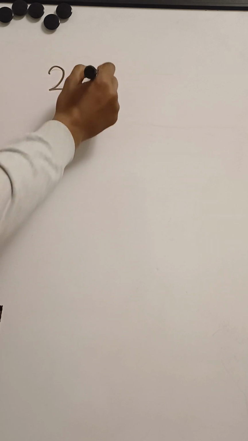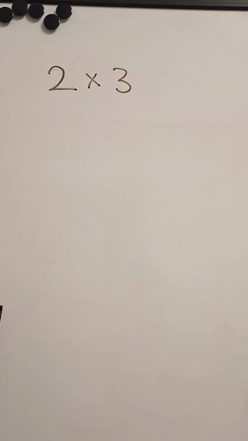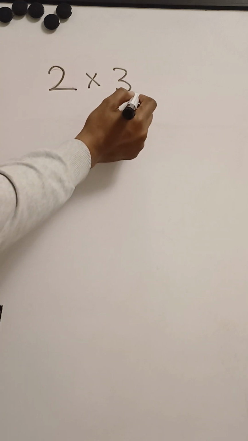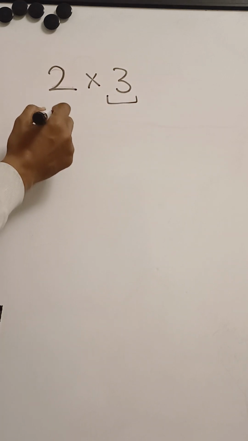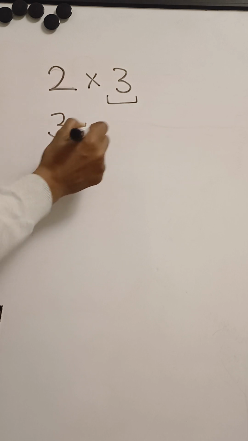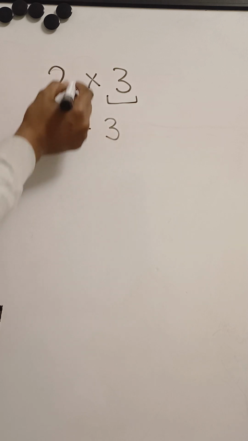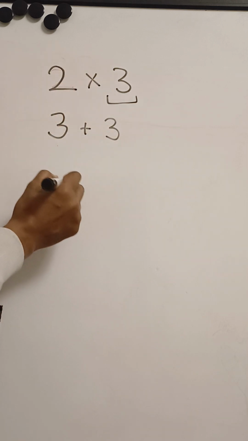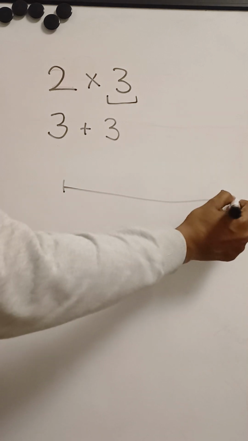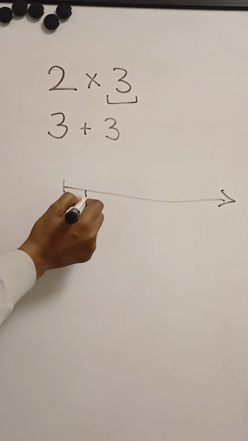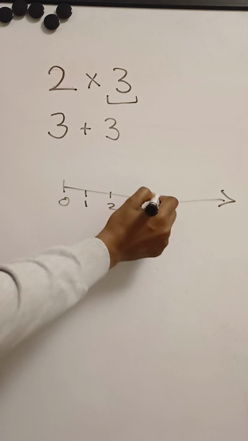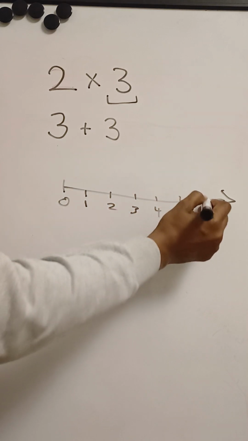When I say 2 times 3, that means I have 2 groups of 3. That means 3 plus 3. 3 added to itself how many times? 2 times. So this is like having the number line 1, 2, 3, 4, 5, 6.